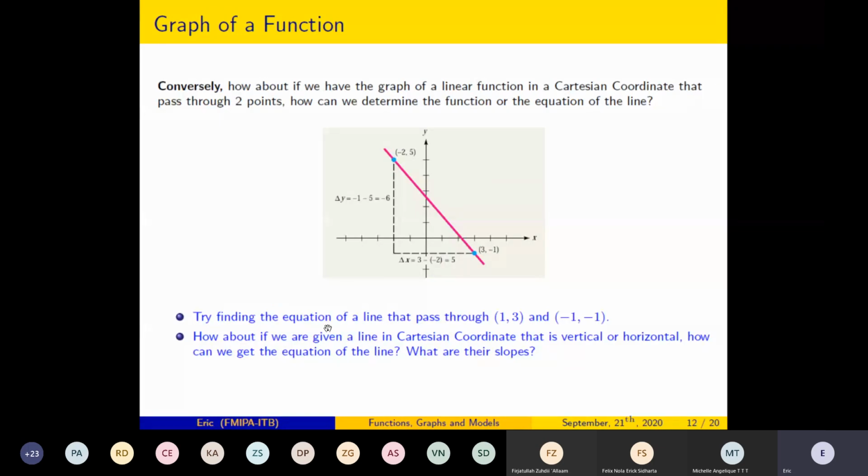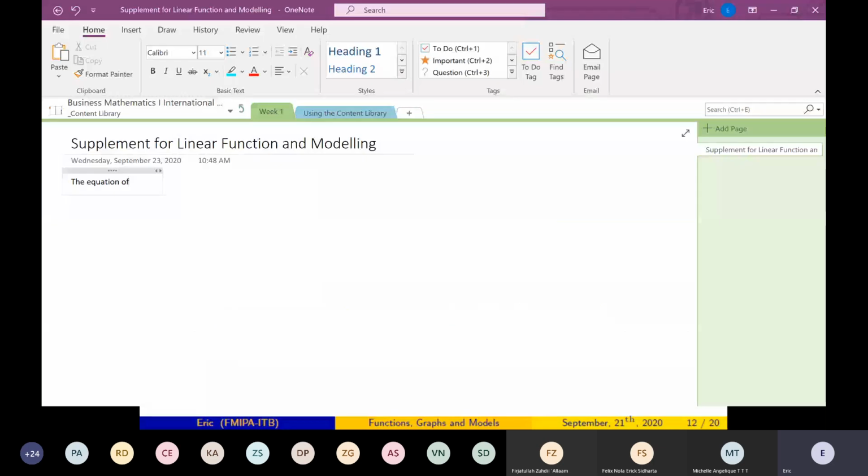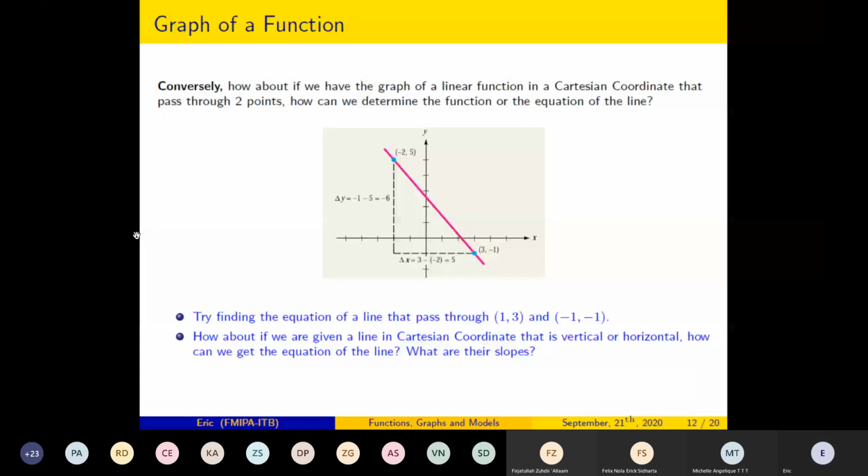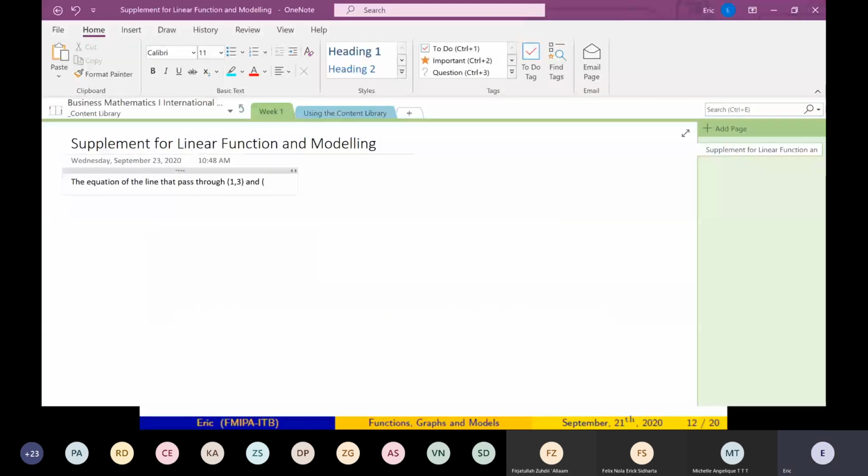So let's try finding the equation of the line that passes through (1, 3) and (-1, 1).